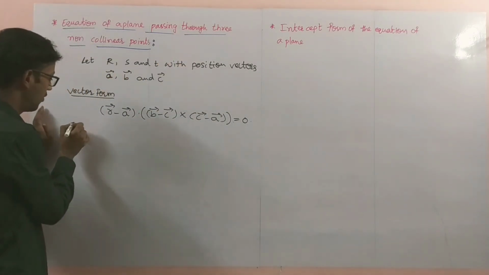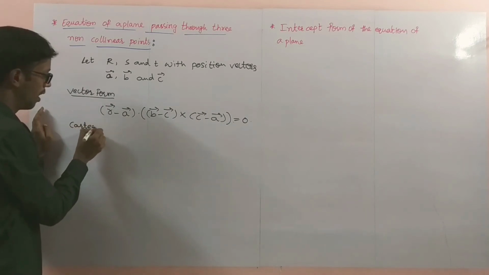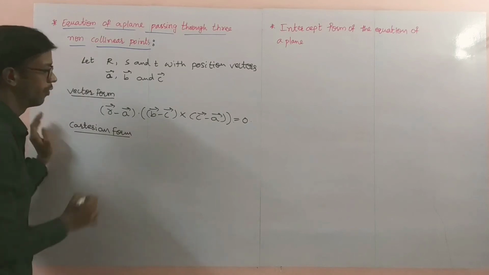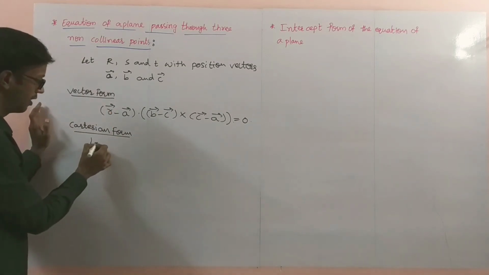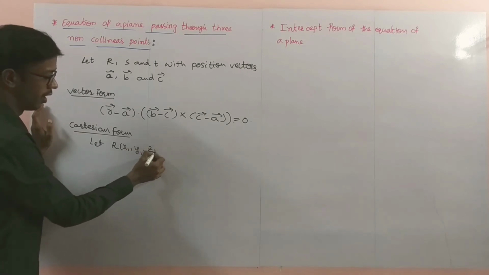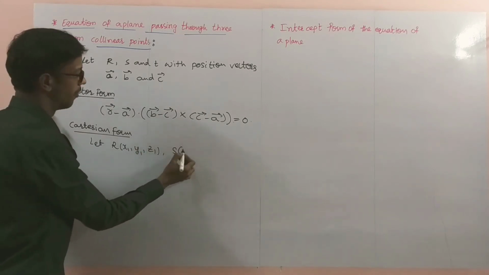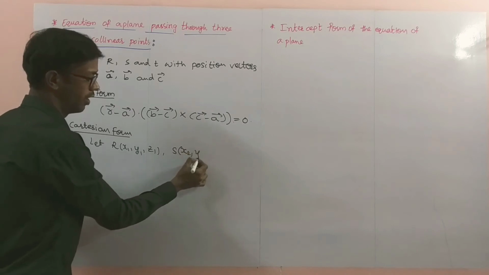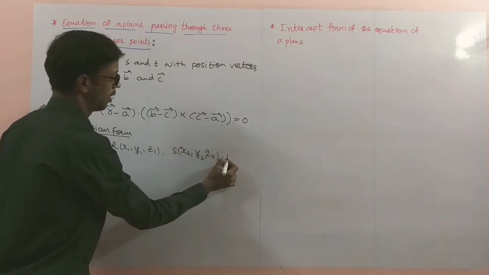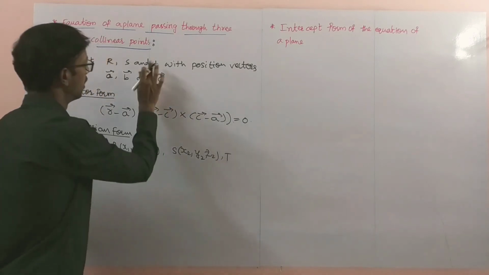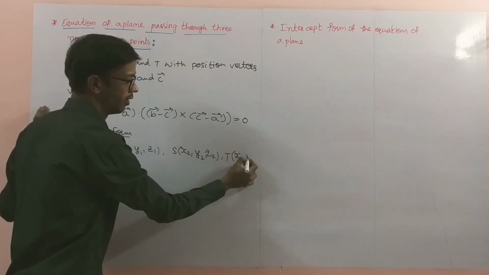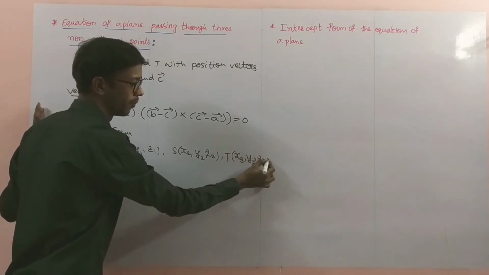And Cartesian form. If you know the 3 points, let R of x1 comma y1 comma z1, S of x2 comma y2 comma z2, T of x3 comma y3 comma z3.